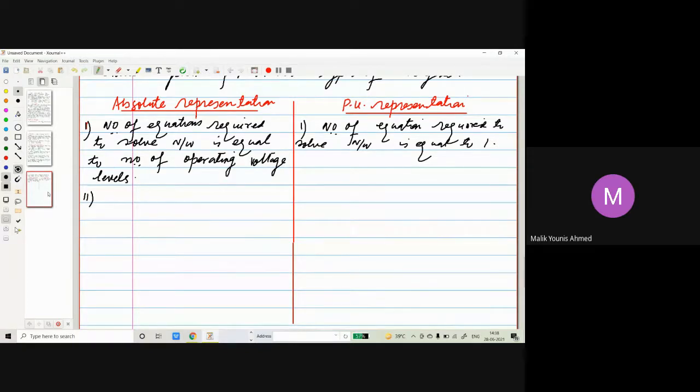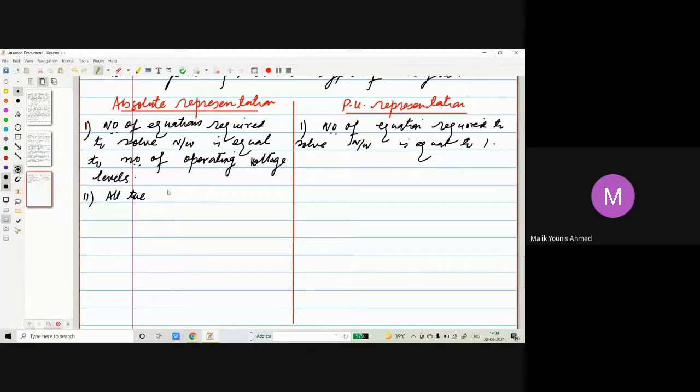All the electrical quantities are represented with units. In this case, what will happen? Suppose there is a power that will be in kilowatts or watts. There is a voltage, kilovolts or volts, current, kiloamperes or amperes.